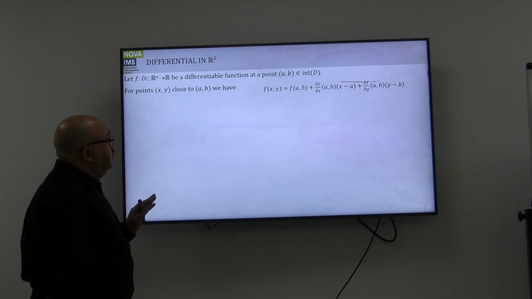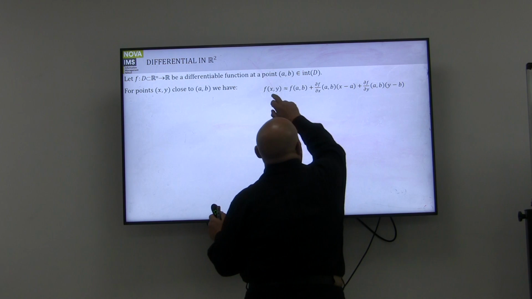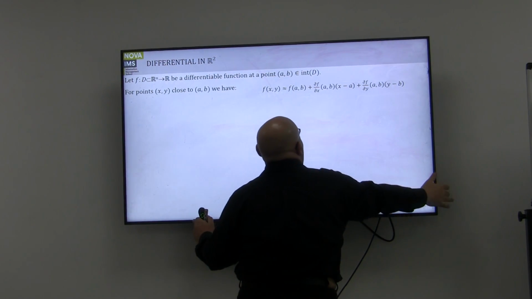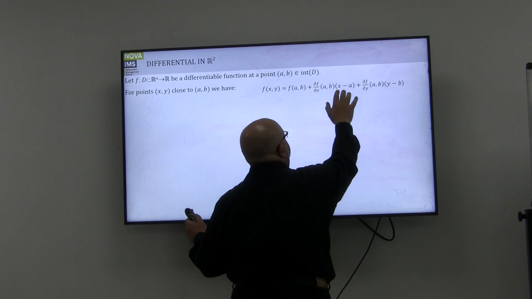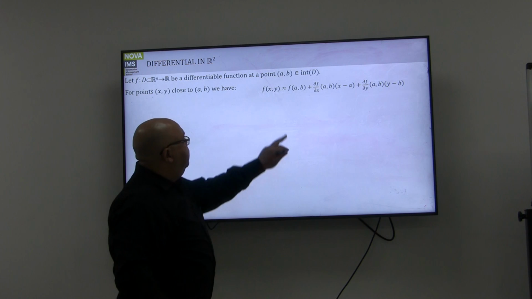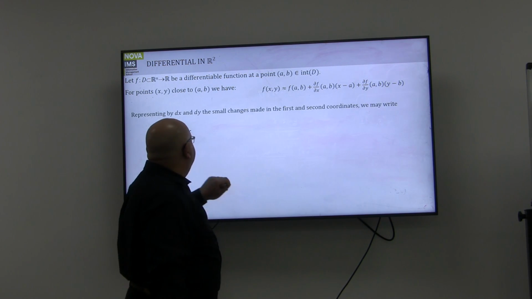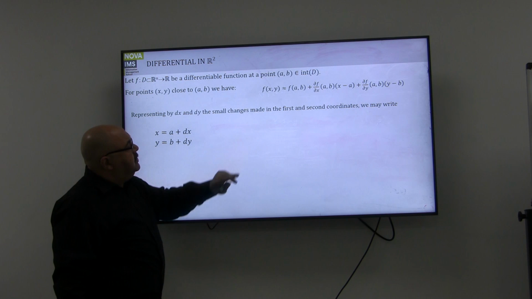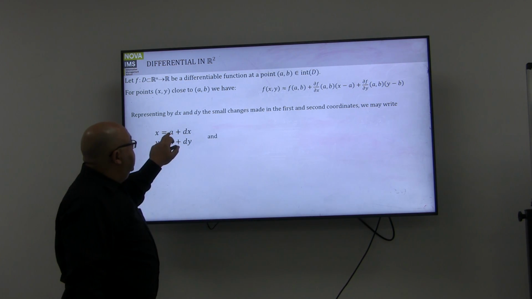And I will start from, as I told you, the fact that any function near a certain point can be approximated by partial f partial x times x minus a, plus partial f partial y times y minus b. If I move f of a, b to the other side, I will have f of x, y minus f of a, b.